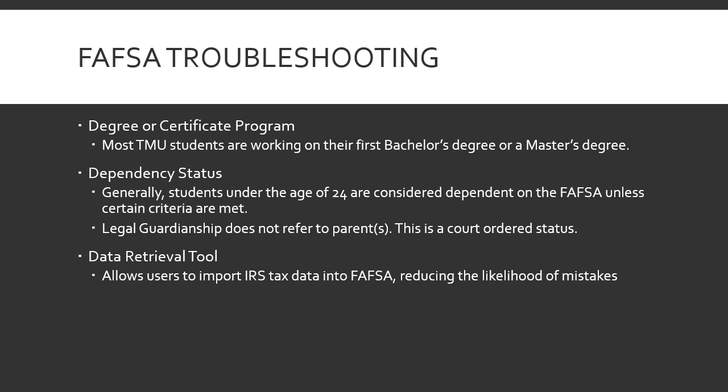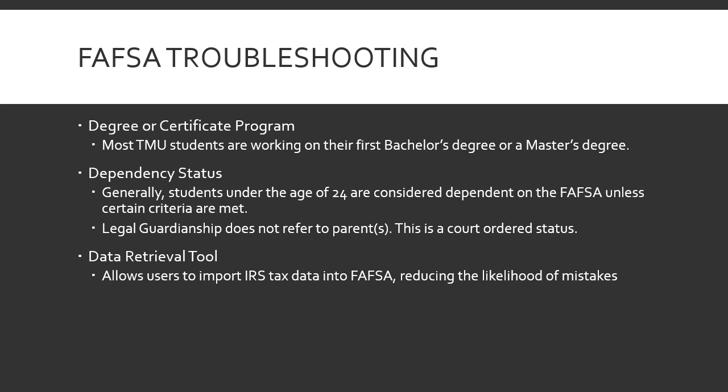Similar to the last issue, another common issue we have is students' degree or certificate program. There's a specific question on the FAFSA that asks what degree or certificate program you're working on, and there's about 8 or 9 different options there. There's only about 2 that would apply to most students here at Thomas More University. Most students here are working on either your first bachelor's degree or a master's degree.